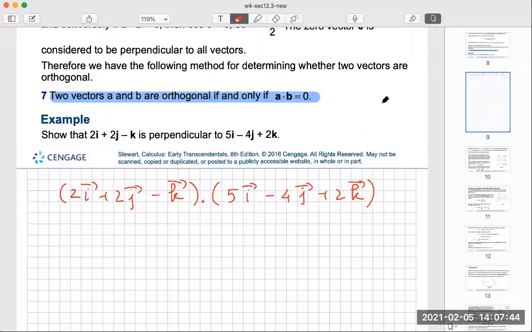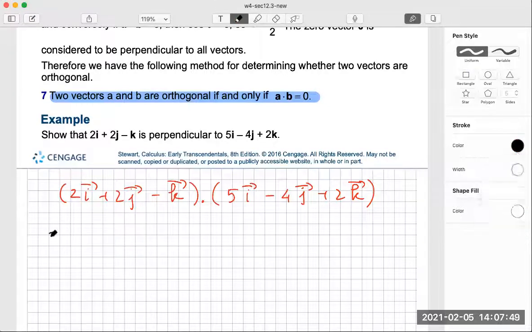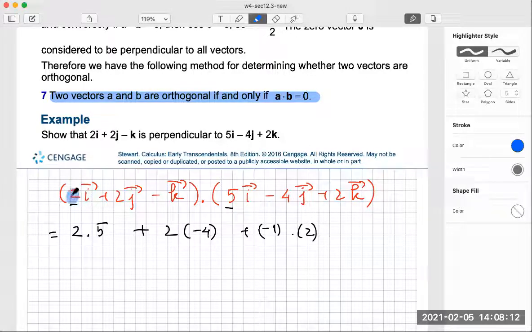As we have done a few minutes ago, we just pick the coefficients of these, multiply them to each other, sum them up.